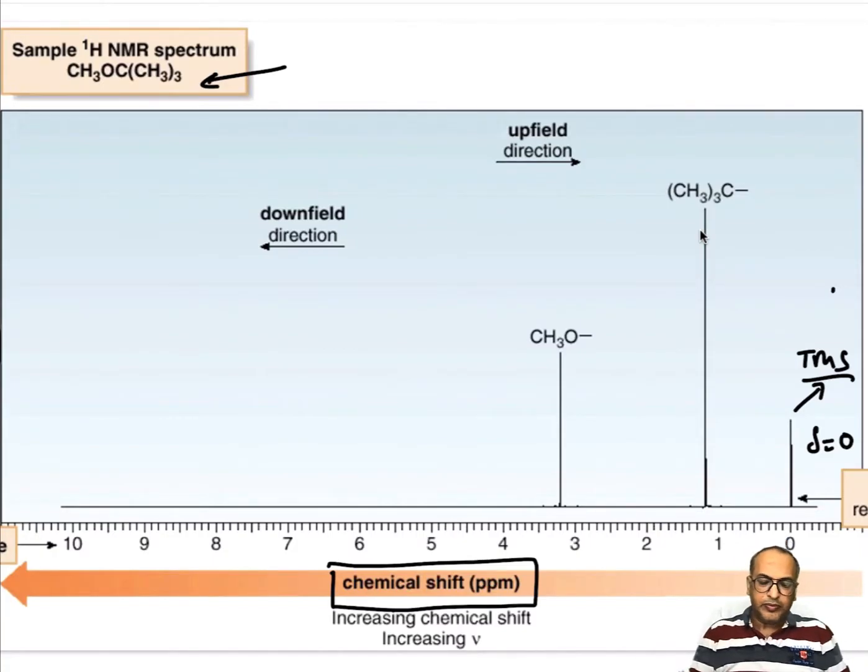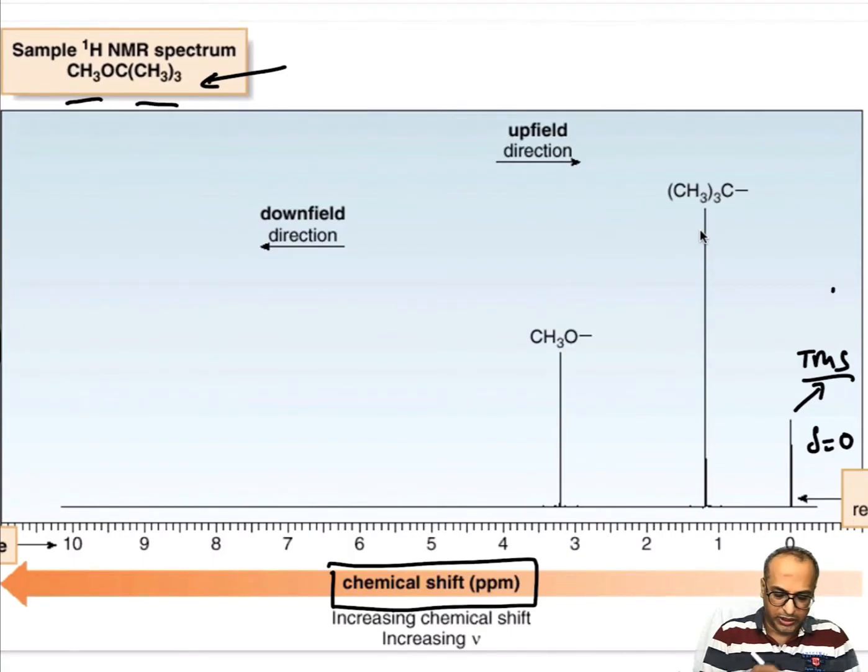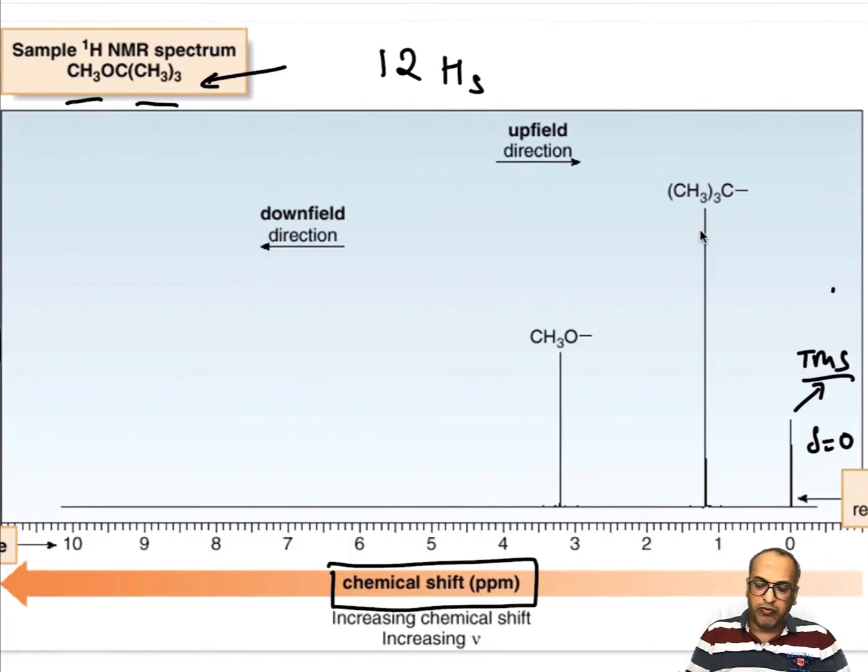Okay. In addition to that, what we can see is that although there are 12 protons, 3 from the methyl group and 9 from the tertiary butyl group, so 12 hydrogens in total, corresponding to these 12 hydrogens we are getting only 2 signals.